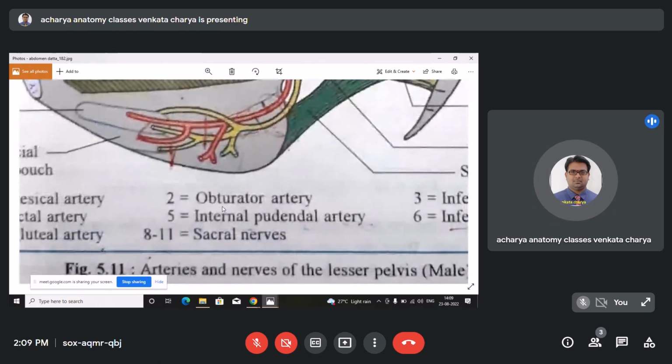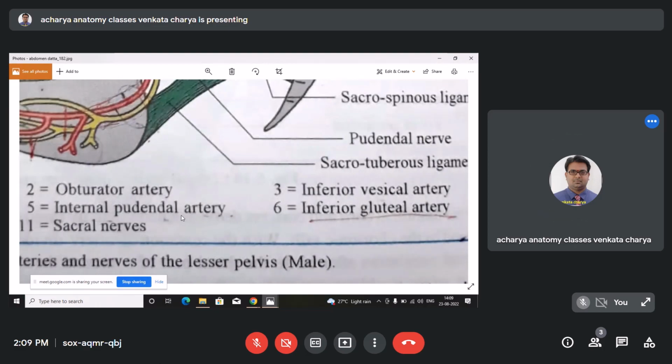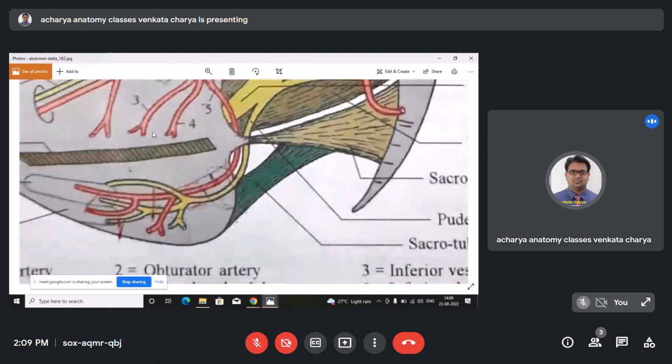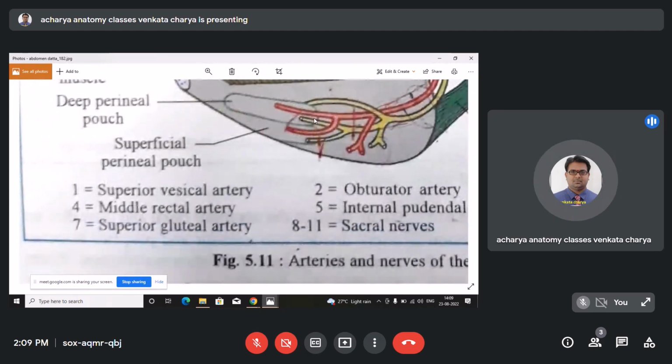Number three, inferior vesical artery. Number four, middle rectal artery.